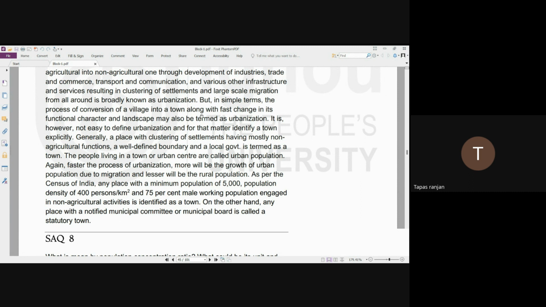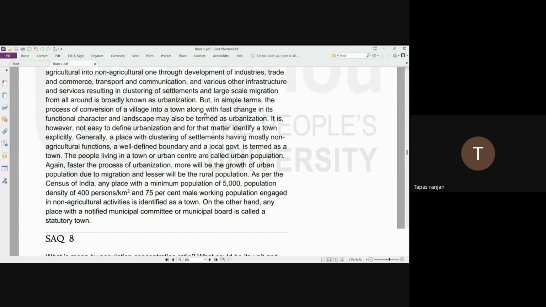That means they shouldn't be engaged in primary activity; they should be engaged in secondary and tertiary activities. If these three conditions are met, that region can be considered a town.